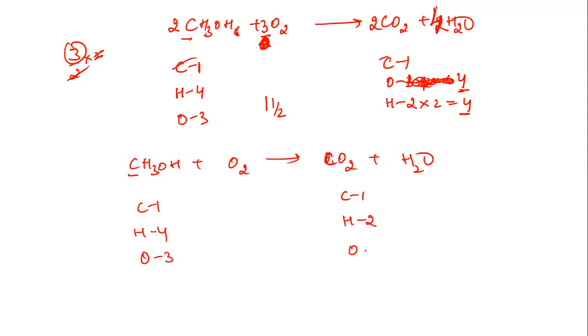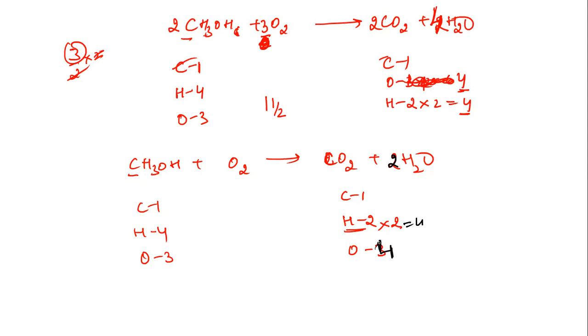Hydrogen 2, oxygen 3. Up to this point, any doubt? Now I need to balance hydrogen, multiplied by 2. It means I write 2 there. I write 2 there, it will become 4 hydrogen, and 2 oxygen.